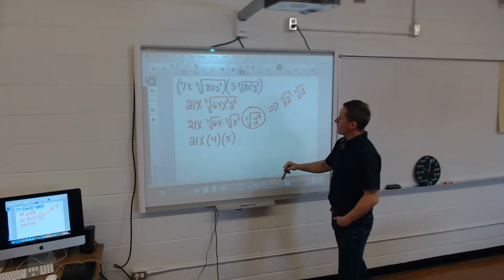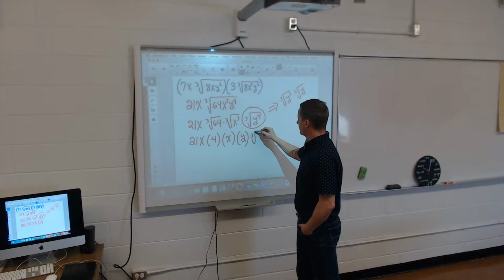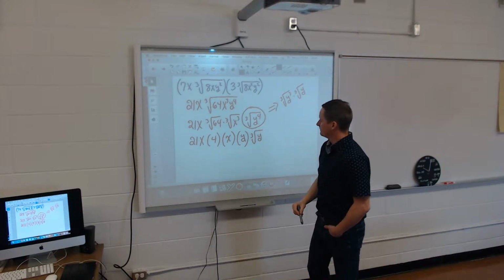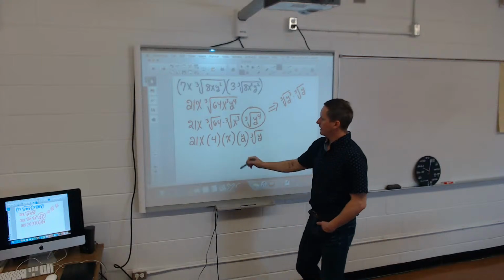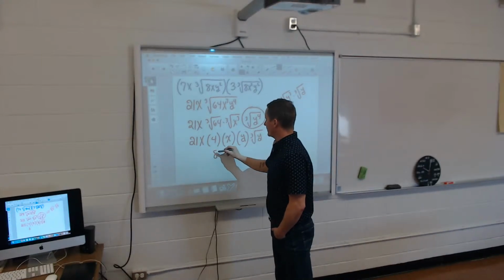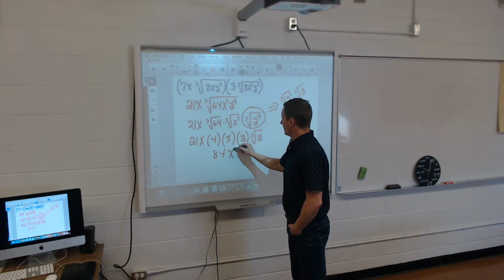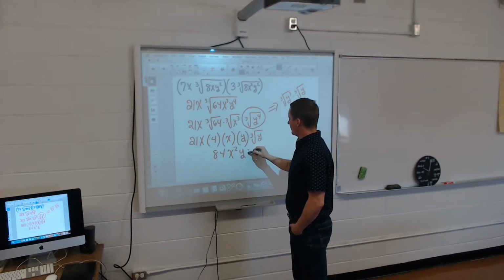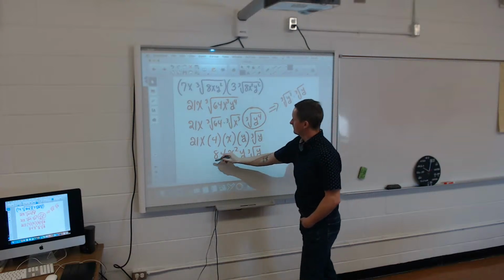So the cube root of y cubed is y, and I'm left with the cube root of y. So let's tidy this up. I've got 21 times 4, which is 84. X times x, x squared y, cube root y. There's my solution.